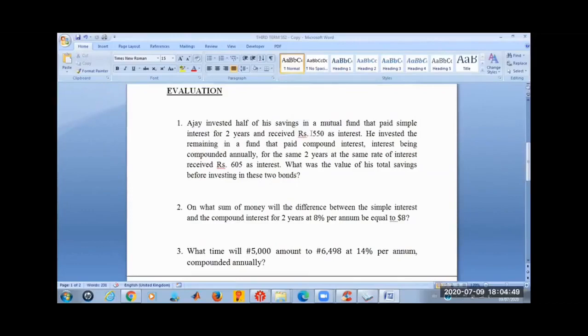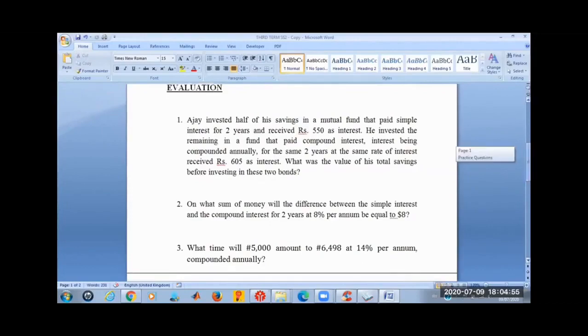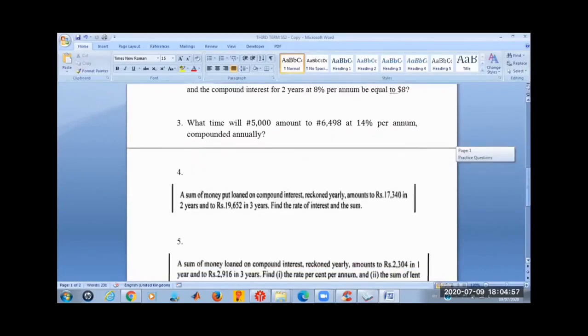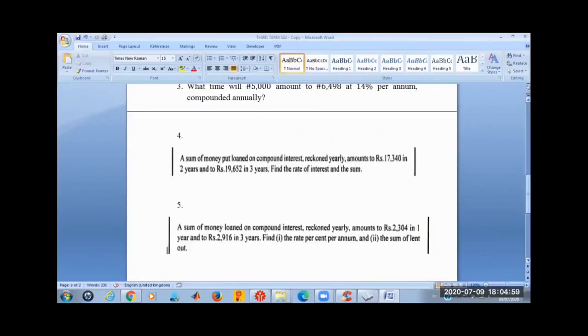So this is the essay question 1 to 3. This is the fourth one: a sum of money put on loan on compound interest yields yearly amount, and of course in 2 years, and that in 3 years. So we have some similar questions. These are for you to practice with.